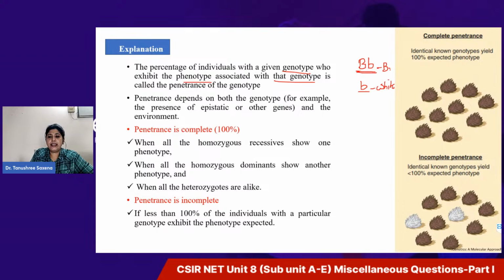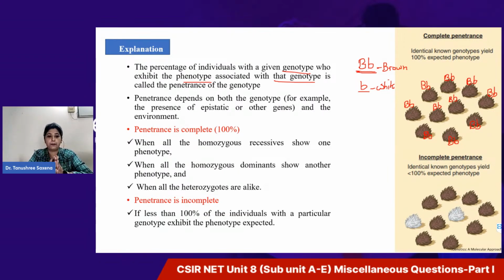Now, let's say all the leaves that you see here are heterozygous. They all show the phenotype which they are capable of showing, which is brown leaf color, right? So if they show the brown leaf color, that means penetrance is 100%.